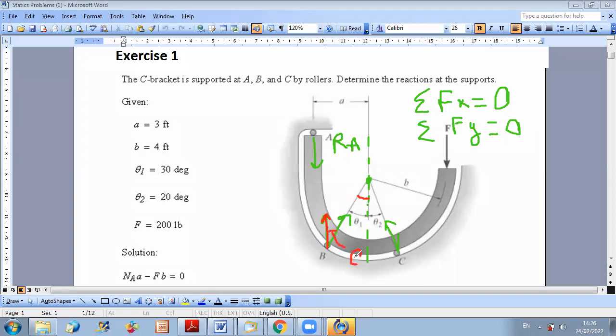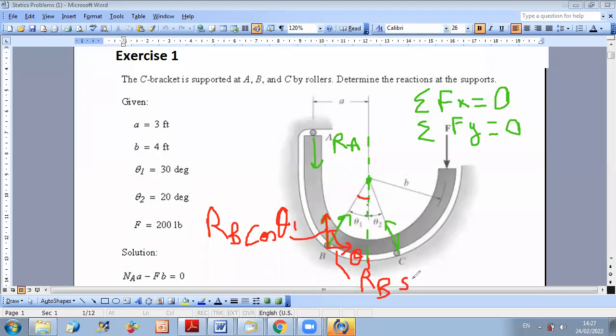This is theta 1. So the projection of RB on Y is RB cosine theta 1, while the projection of RB on X will be plus RB sine theta 1.